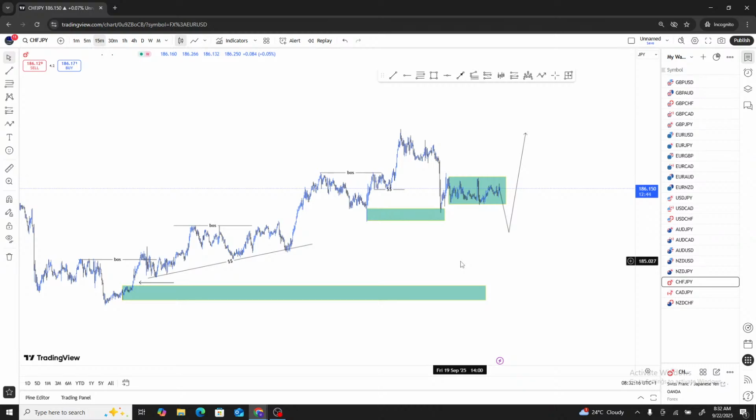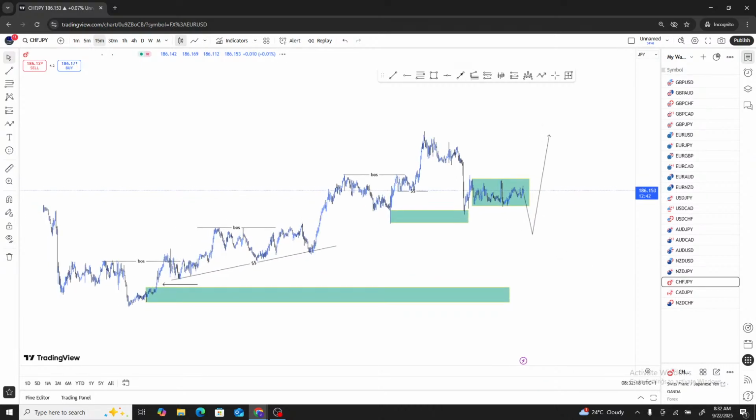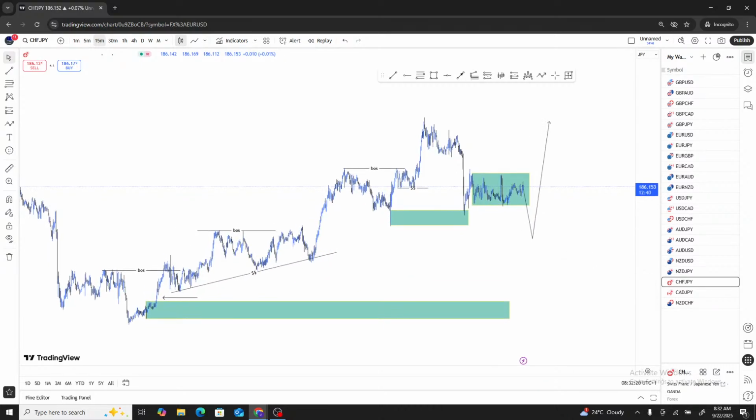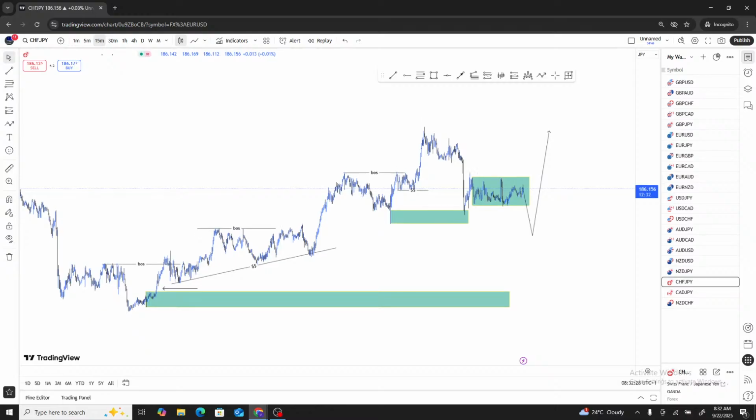That is it for CHFJPY. CHFJPY is still in a massive uptrend, so we just look out for the manipulation and continuation of the pair.